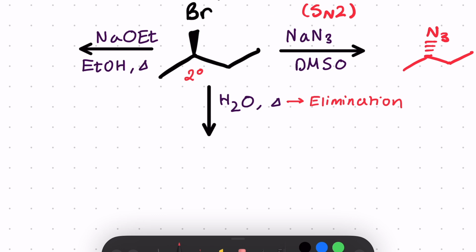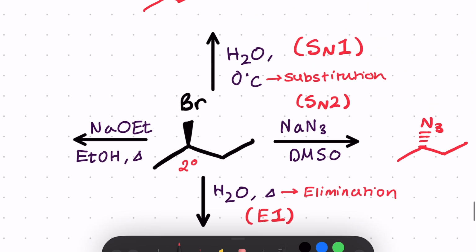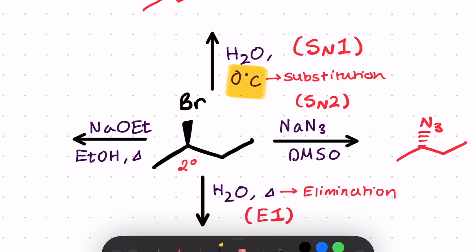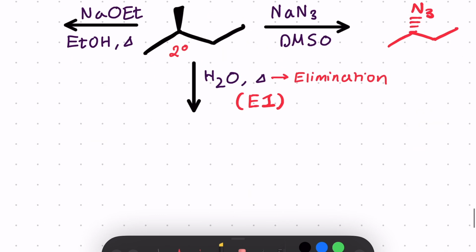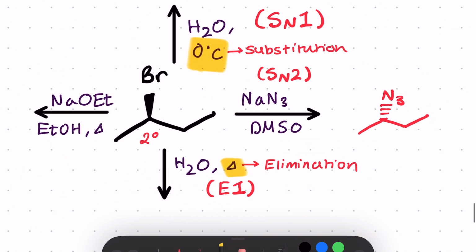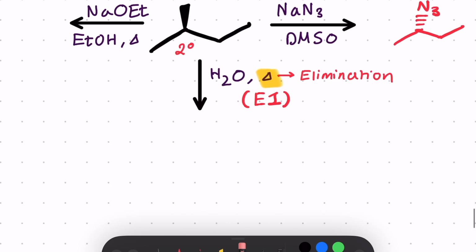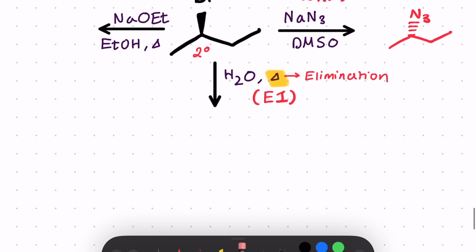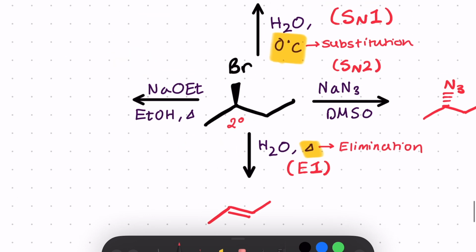So this is E1. And that right there is what I said the differentiating factor was. We said that SN1 and E1 were very fierce competitors, and we used temperature to differentiate between the two. So if I have E1 here, I'm going to go with just the most stable product, which is that most stable alkene.